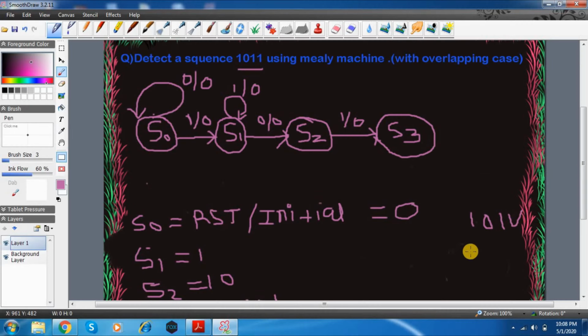So this is the correct sequence. But in place of this 1, at this place, if we detect 0, our expectation is 1, but we receive 0, then what to do?